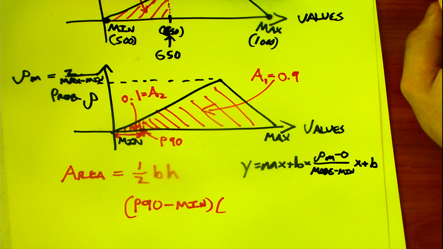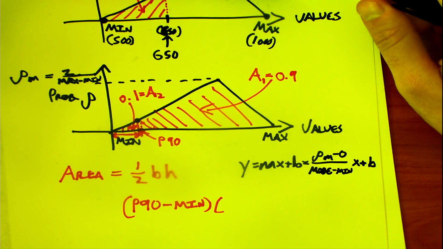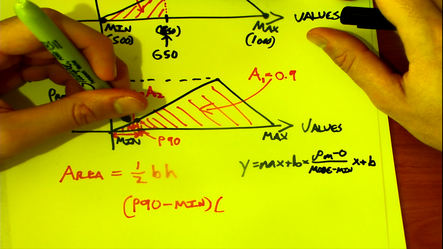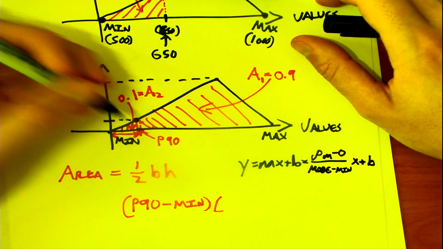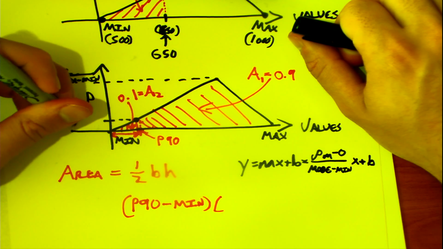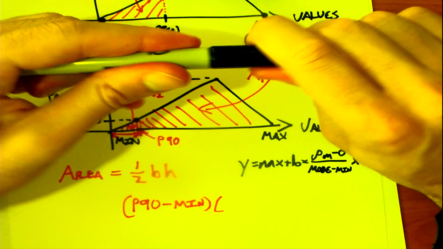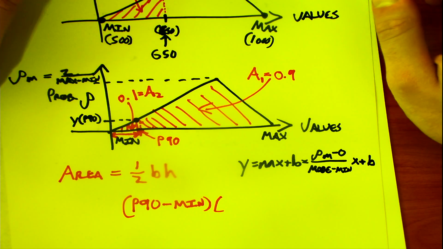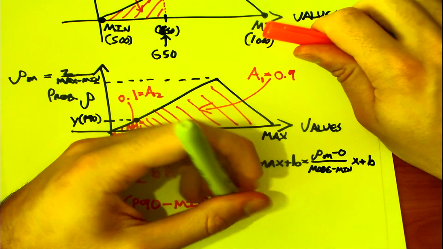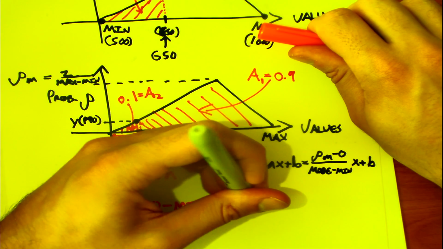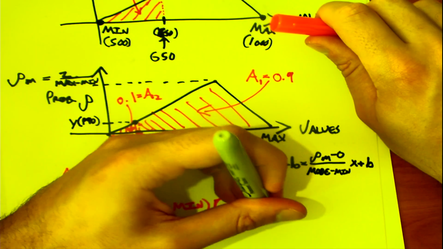But eventually, what you're looking for is a point on that line, in this case right there. And this would be that line, y, evaluated at P90. So that would give you your height.